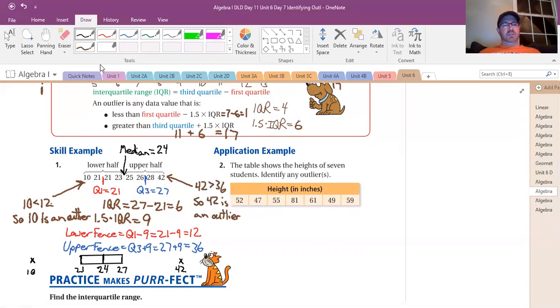The whiskers are what the outliers impact, okay? So where do you draw the whisker to if these are outliers? Well, you look at your scores, and if this is an outlier, 10, then you look at the next score that's not an outlier, and that happens to be 21. So the whisker will only go to 21.